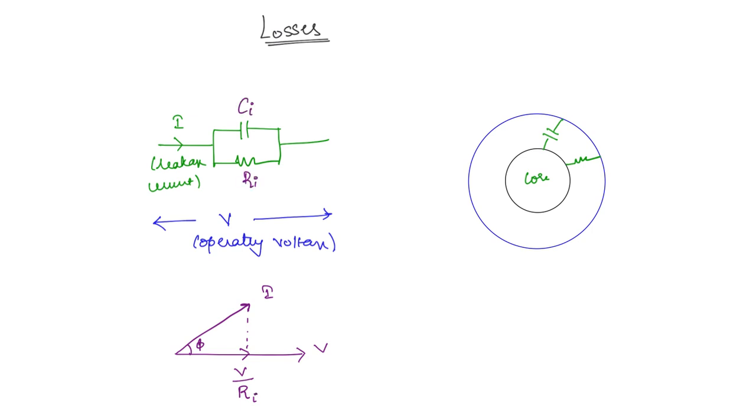Similarly the vertical component is the current through the capacitor, which is j omega Ci into V, where Ci is the capacitance of the insulation. Now this angle here, 90 minus phi, is delta, and tan delta is called the loss tangent or dissipation factor.